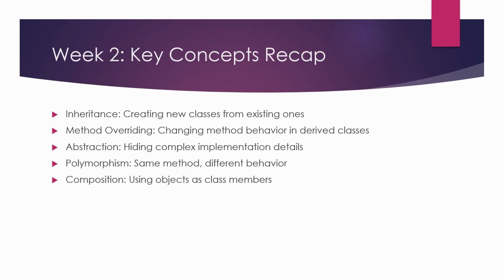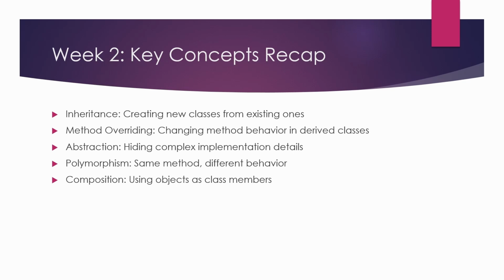Let's begin with a quick recap of the key concepts we have covered so far in week 2. Inheritance: the ability to create new classes based on existing ones, allowing for code reuse and extension of functionality. Method overriding: changing the behavior of methods in a derived class.